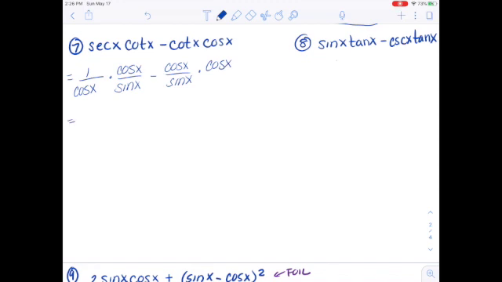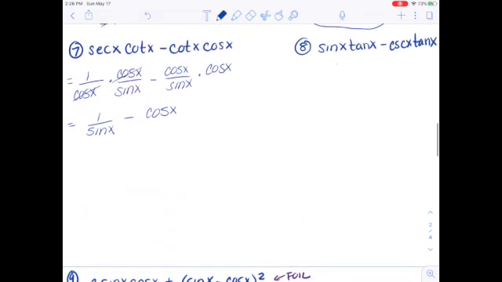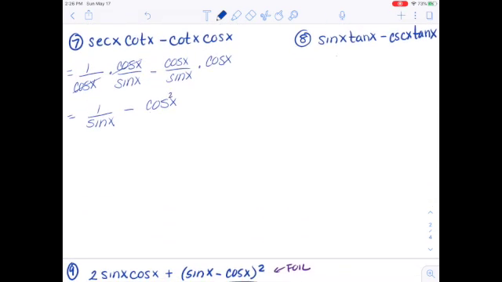Now, what we have, let's combine a little bit. We've got cosines that are dropping out: 1 over sine of x minus cosine of x squared divided by sine of x. So now we have common denominators.